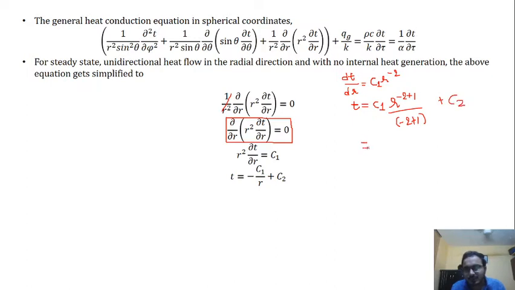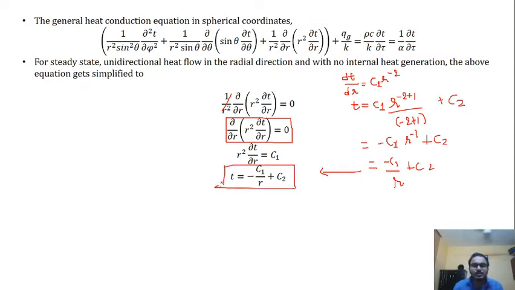That's why here we are having minus c1 into r minus 1 plus c2, and that's why we are getting the answer as minus c1 divided by r plus c2, which is shown over here. So this is our temperature profile with two constants of integration, c1 and c2.